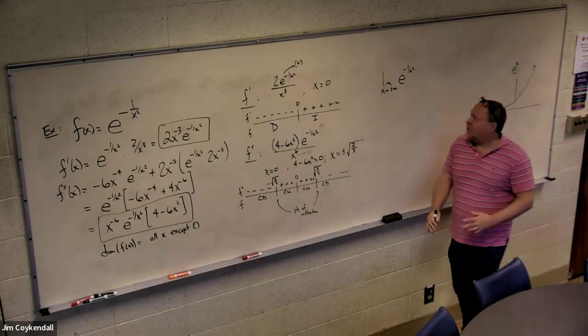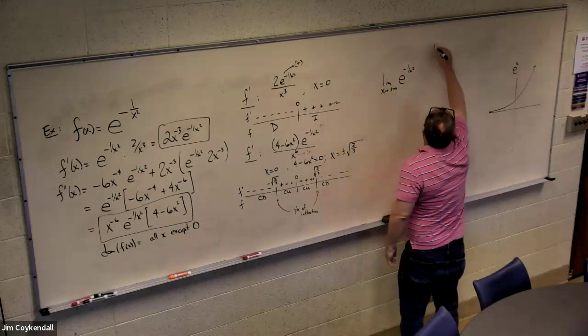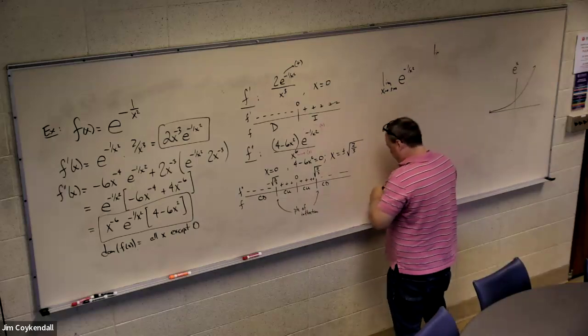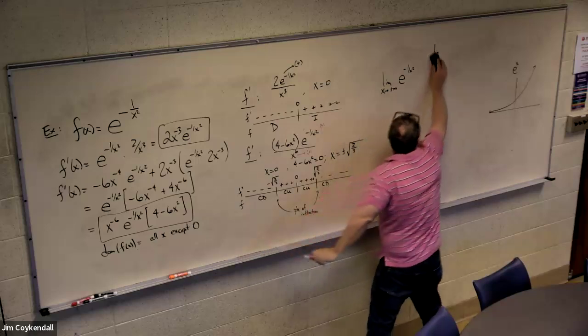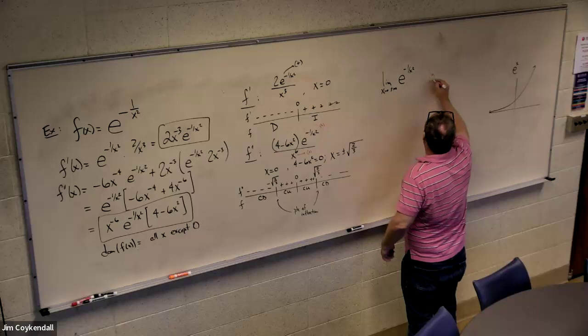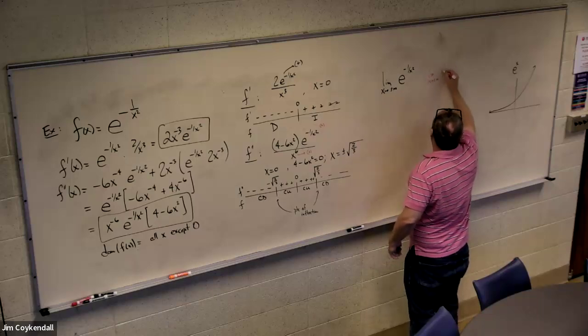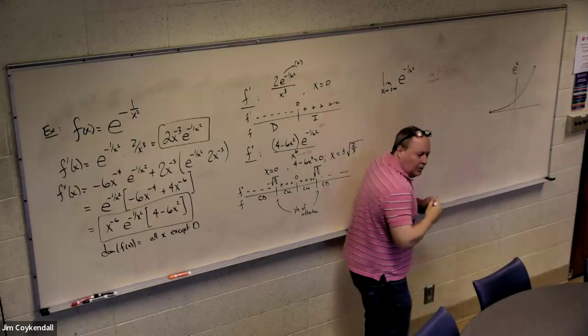Okay, let's take this apart. Forget the exponential for now. Limit as x goes to plus or minus infinity of minus 1 over x squared. What's that equal to?